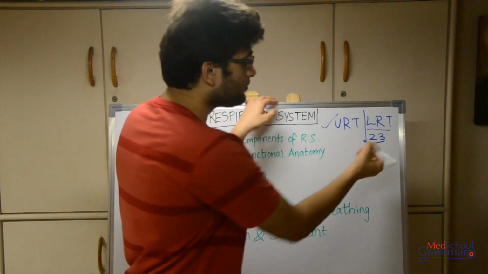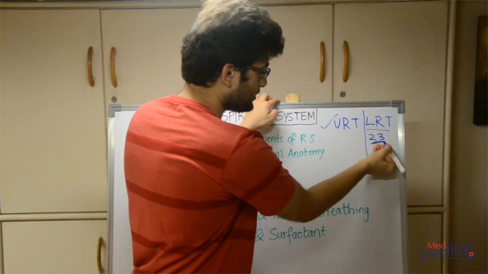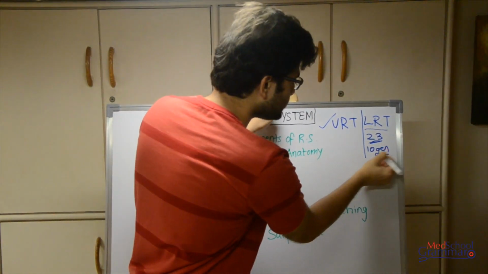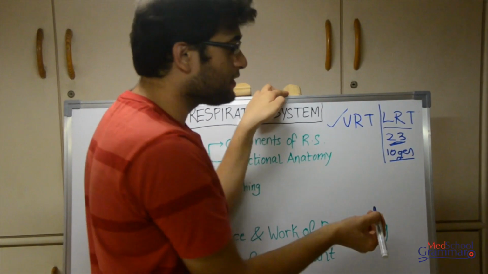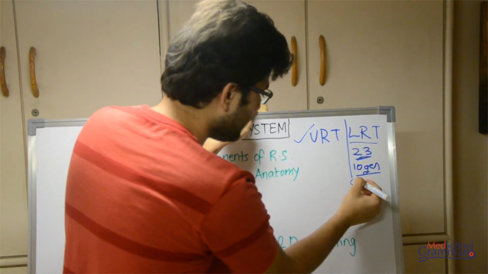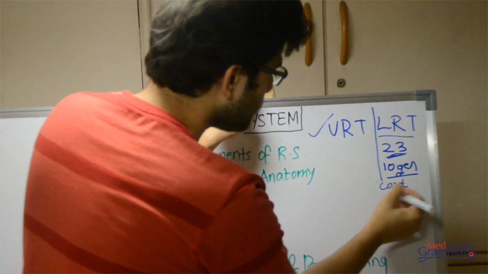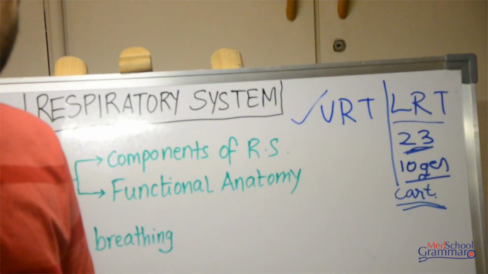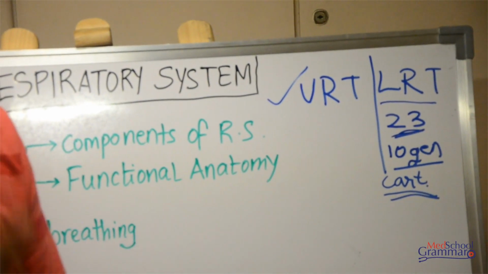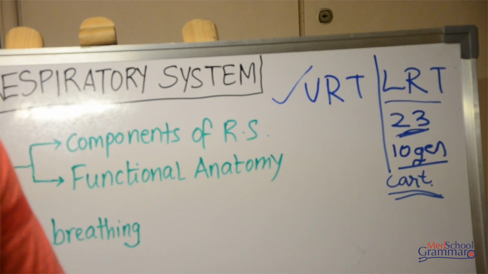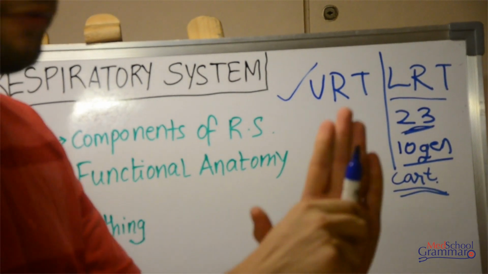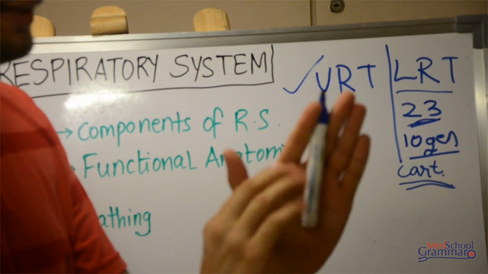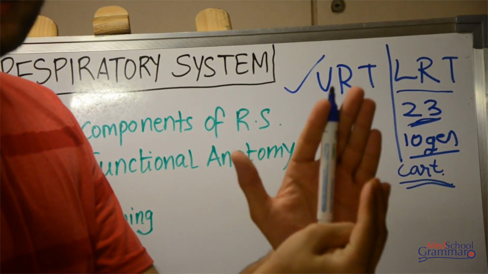From these 23 generations, the first 10 generations of the divisions contain cartilage. The function of cartilage is to provide support. In anatomy, the trachea is placed in front of the esophagus.